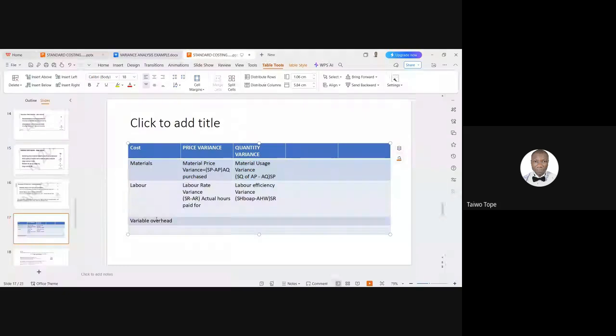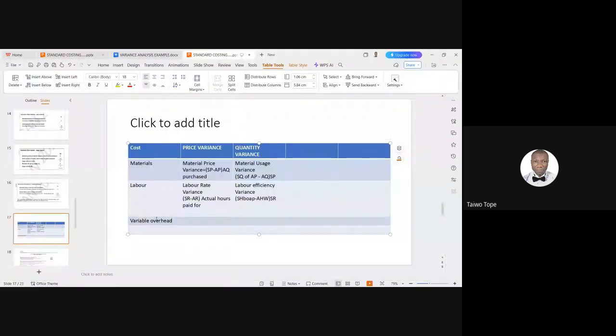So when we talk about variable overhead, we can look at variable overhead in terms of price and quantity likewise. We can look at expenditure variance, variable expenditure variance.